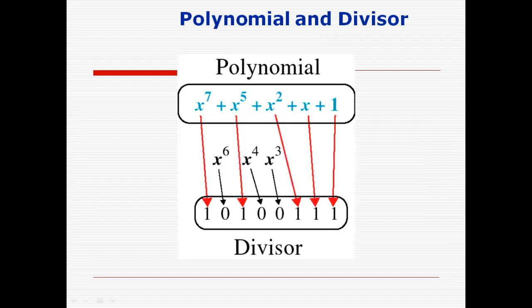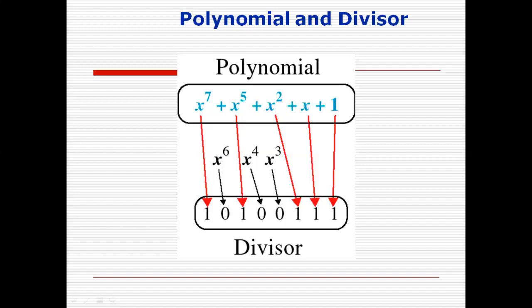But x cube, that is x power 3, is absent and x power 4 is absent, so we put 0 0. x power 5 is present, so we put 1. The x power 6 term is absent here, so we put 0, and x power 7 is present, so that is 1. So the given polynomial is converted into a binary string. This is called our divisor.